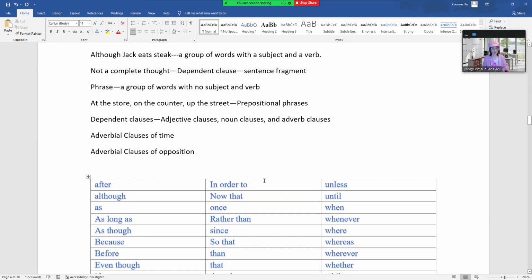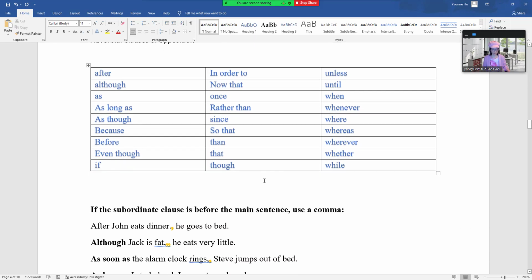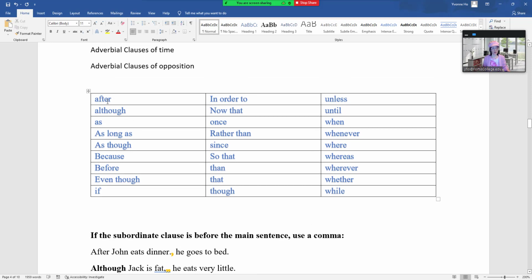So getting back to our dependent clauses. All of these words are known as subordinating conjunctions because when you add these words to a sentence, it makes that sentence subordinate to the next sentence. Subordinate means inferior, not as important. Not a complete thought.